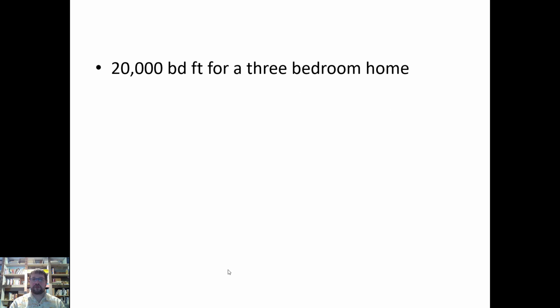So let's look at an example of that. About 2,000 board feet is needed for a 3-bedroom home. This is obviously increasing as time goes on, because 3-bedroom homes in the 80s are much smaller than 3-bedroom homes in the 90s, and 3-bedroom homes in the 90s are smaller than 3-bedroom homes built in 2020.